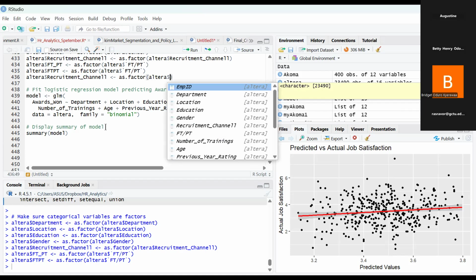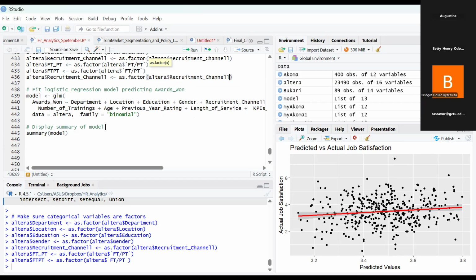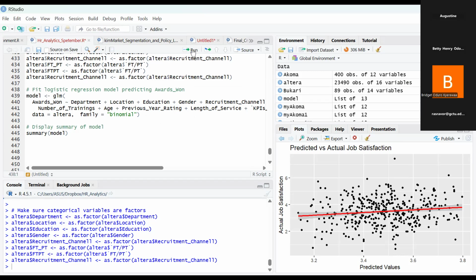This time I don't type. I rather look for what is here and select. And then you run. Voila, I don't get an error. So please do same. Yes, please. Thank you.